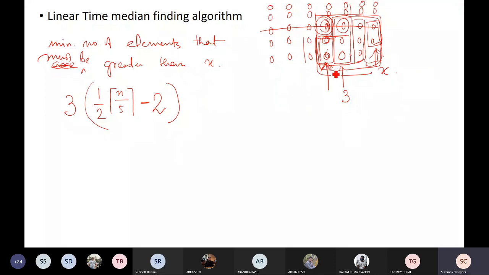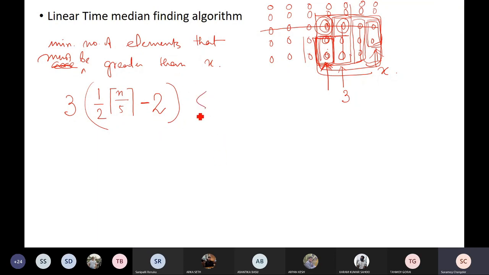We are excluding the group containing x because it has two elements, not three, and the last group may also have fewer than three elements. So we discard these two groups and multiply by 3, because each remaining group contains 3. So we can say there are at least 3 into half of n by 5 minus 2 elements which are greater than x.